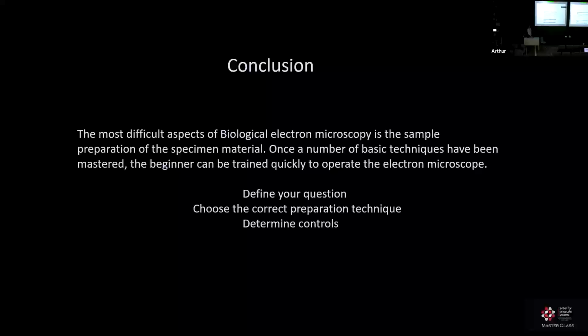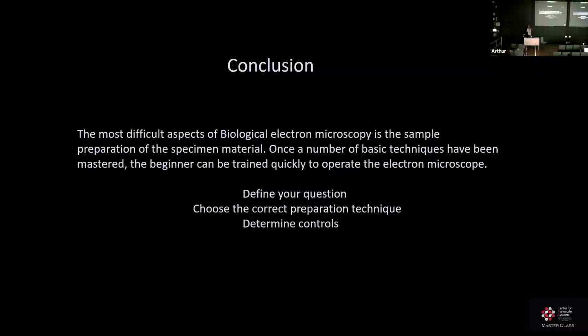All right, so just in conclusion, the most difficult aspect of biological electron microscopy is the preparation of the sample material. Once a number of basic techniques have been mastered, the beginner can be trained quickly to operate the electron microscope for biological purposes. You've seen other talks this summer series where you're doing amazing things with EDS and electron detectors and these sorts of things.